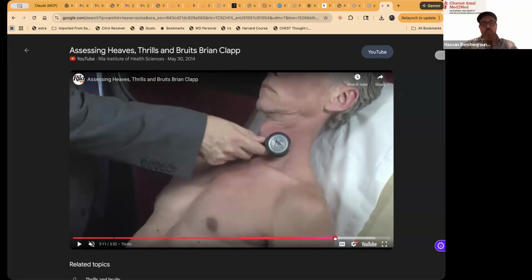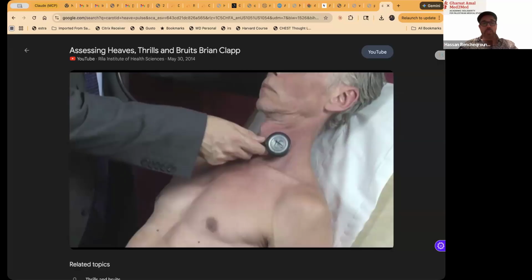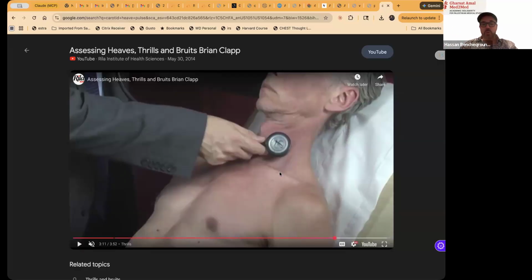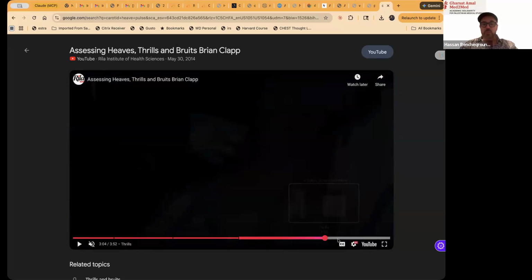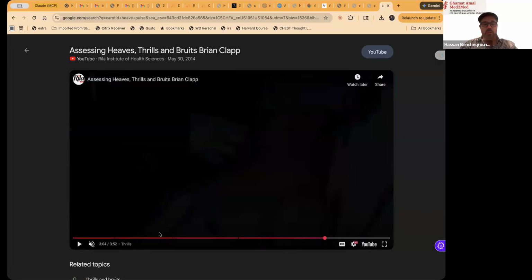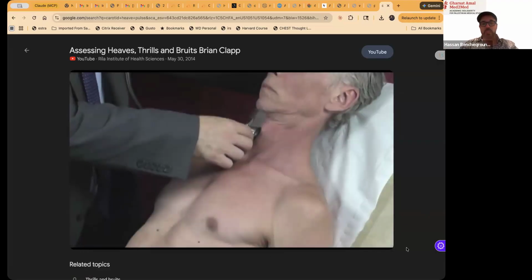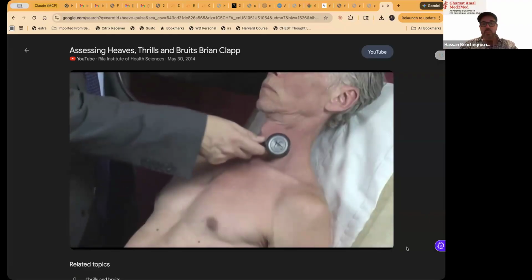What I mean by that is there might be a cholesterol plaque and the fluid going there becomes turbulent. But before you put the stethoscope, you also want to see how the carotid throbs. So we're going to take a look at his carotid before he puts the stethoscope on. Let's take a look. And it looks quiet.